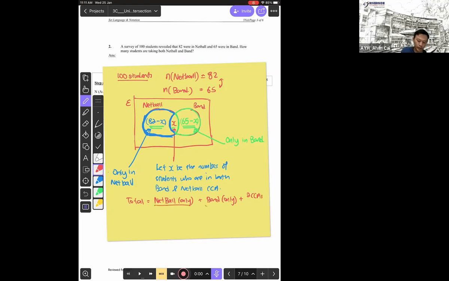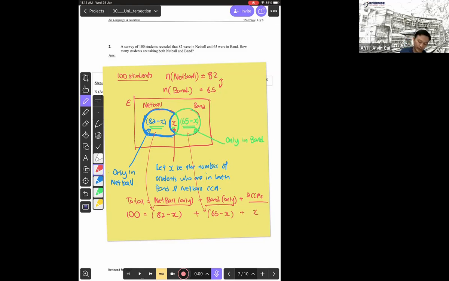So these are the three components: netball only, band only, and the one with 2 CCA. So total number is 100. So netball only is 82 minus X, which is over here. Band only is over here, which is 65 minus X. And the one with 2 CCA, of course, is just X.